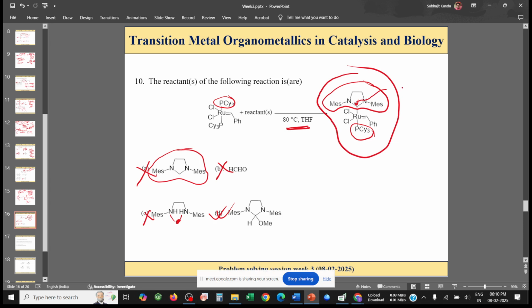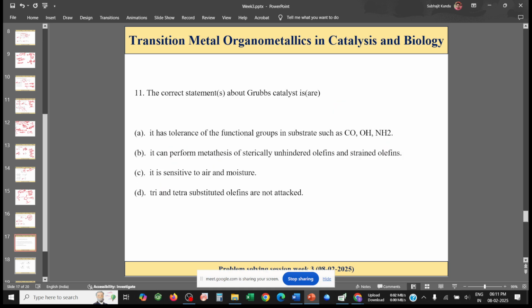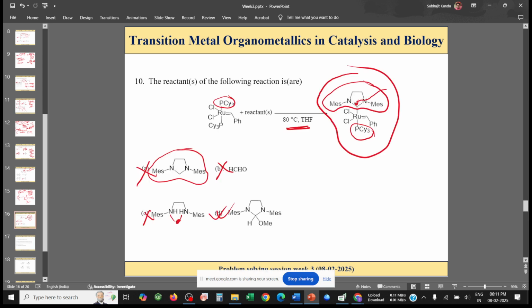That is the importance of this complex, and you can easily synthesize it using this method. You just take this moiety, heat it in THF at 80°, and you will get this product, which acts as a very good catalyst in metathesis reactions, invented by Grubbs.